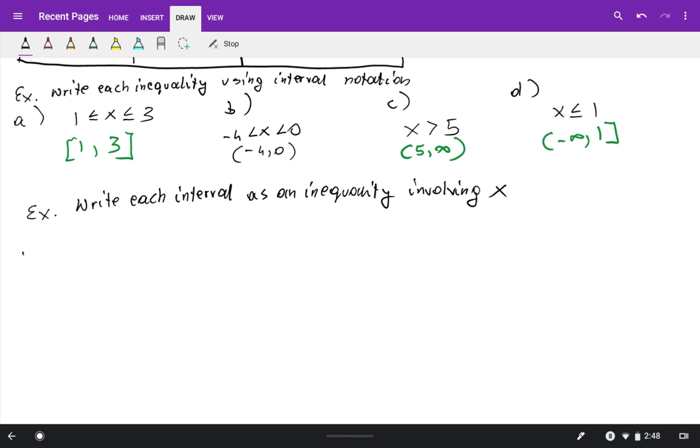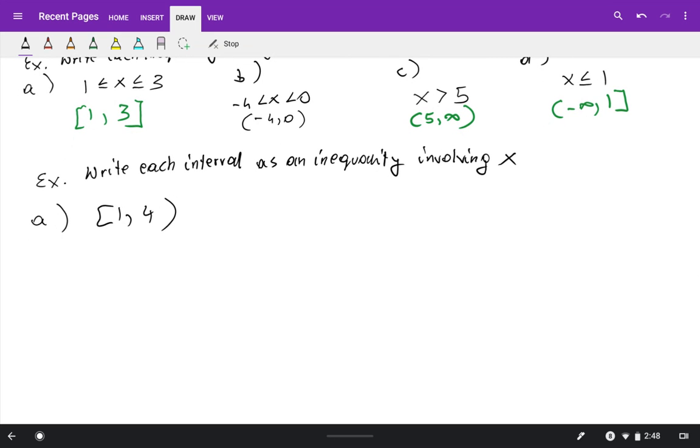So I'm going to give you the opposite. I'm going to give you interval notation, bracket 1 comma 4. So when you see two numbers, that means you're always going to have a combined inequality. And in this case, x is greater than or equal to 1 because we have that bracket, but it's less than 4. We have less than because of the parenthesis.